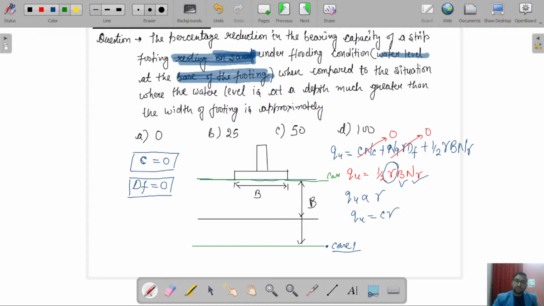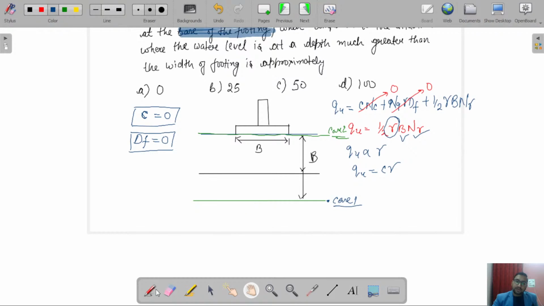That is our case 2. So when the water level rises to foundation level, the gamma I am going to use, the unit weight of soil, will be gamma submerged value.